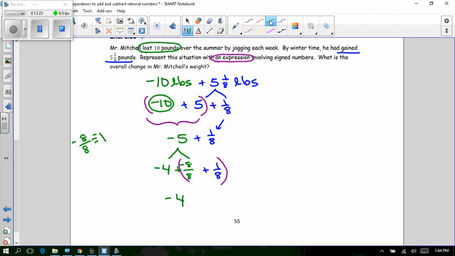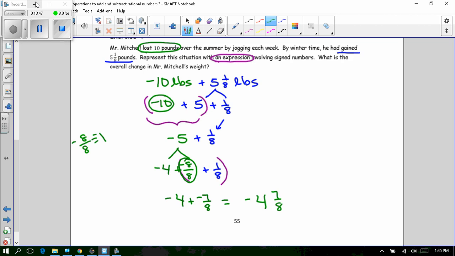Well, -8 is the bigger one, right? So I'm going to have -7/8. Or I can write it all together, -4 and 7/8. Okay? That's how you can break these apart. You don't need a calculator to do it because you can just break these apart pretty easily.